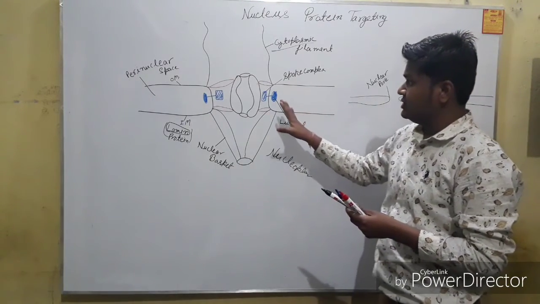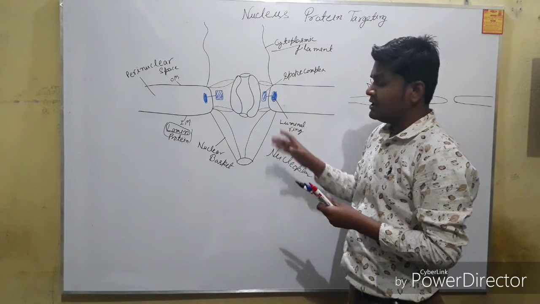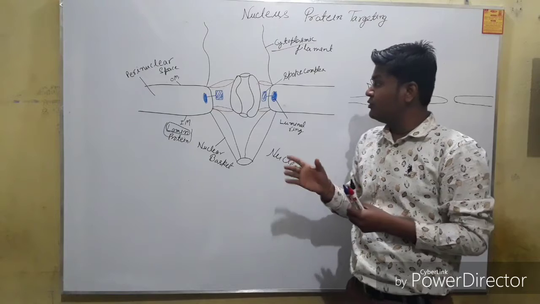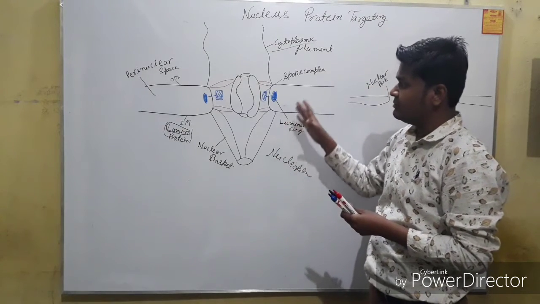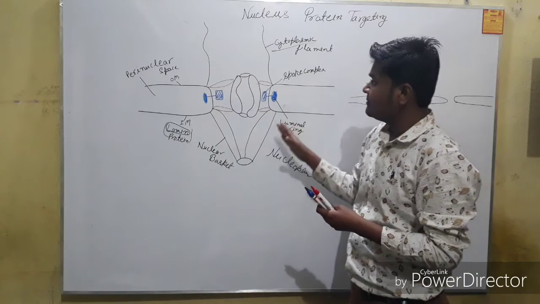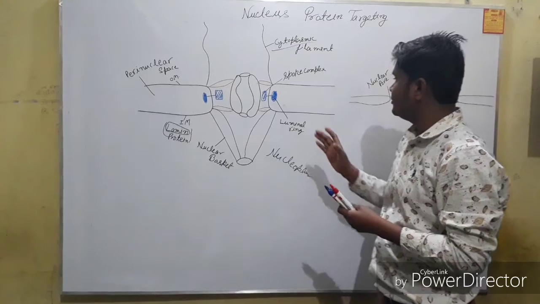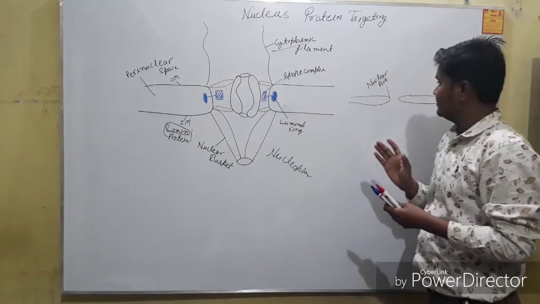Actually, these proteins are known as nucleoporins, about 300 to 400 proteins. Different types of protein make a complex together at the nuclear pore region to form the nuclear pore.